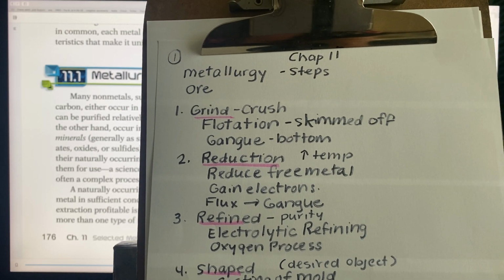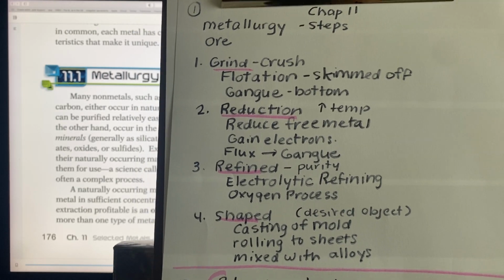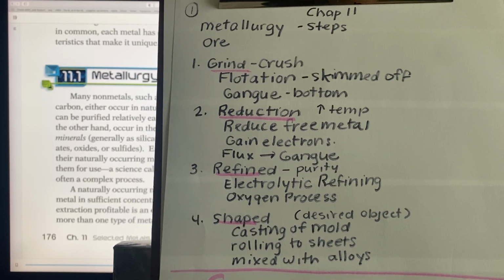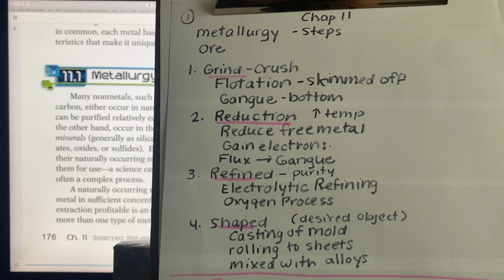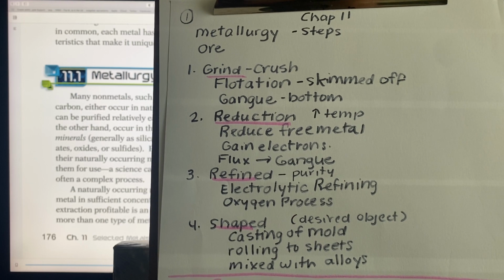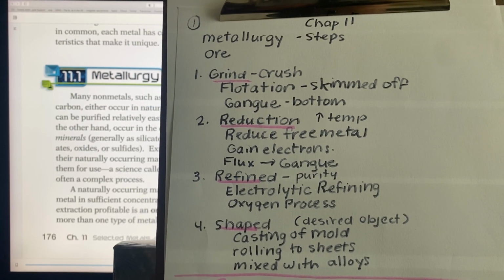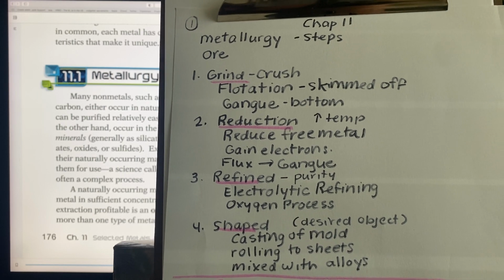So that's reduction. On to the next step, number 3, which is refining. Well, what is refining? The refining process extracts the metal to the desired purity. It uses a technique such as electrolytic refining, or electrifying, I should say.